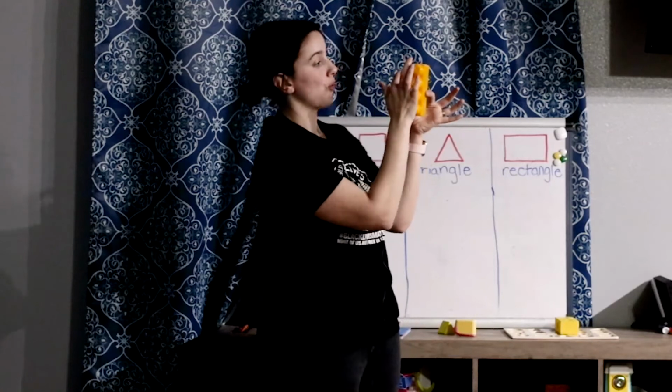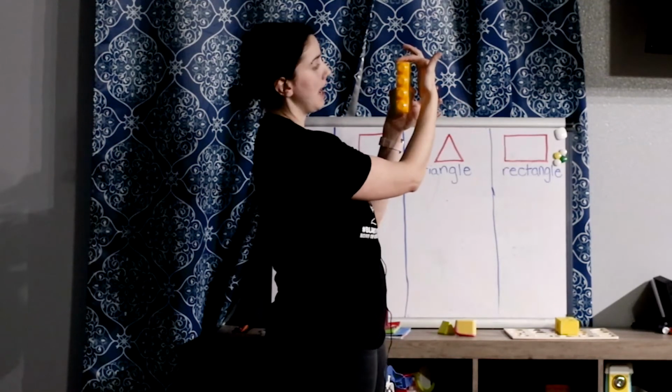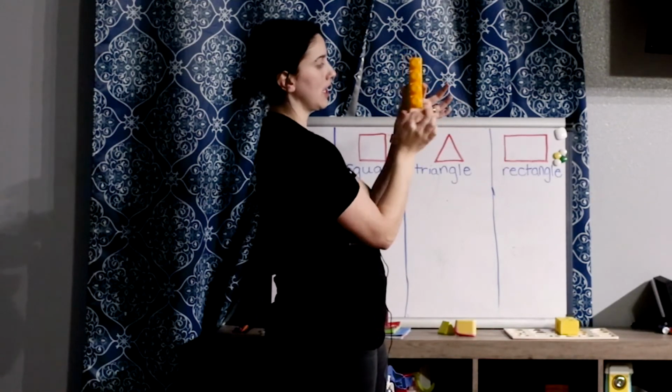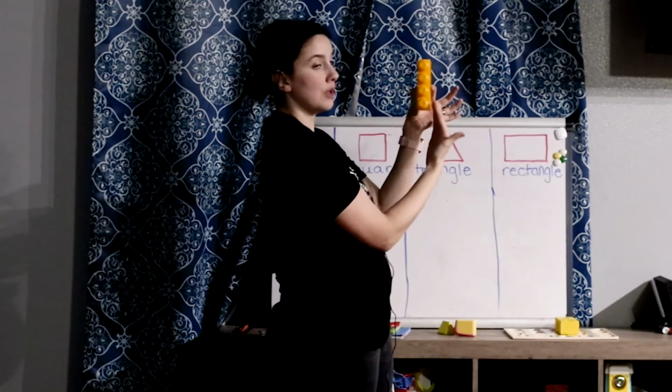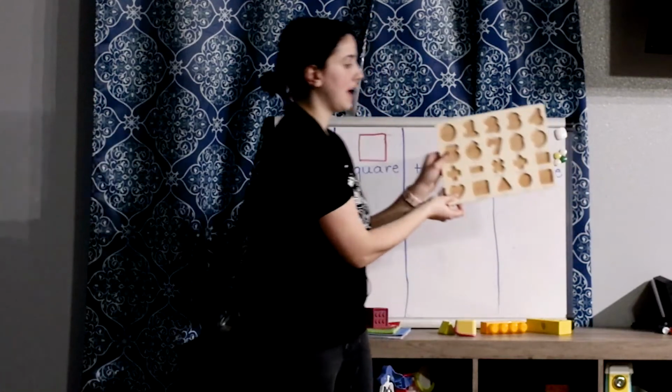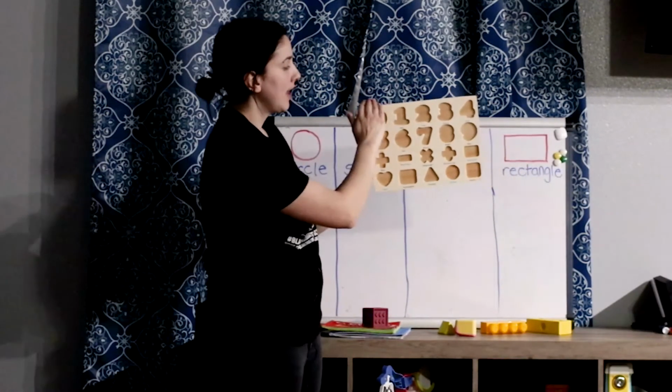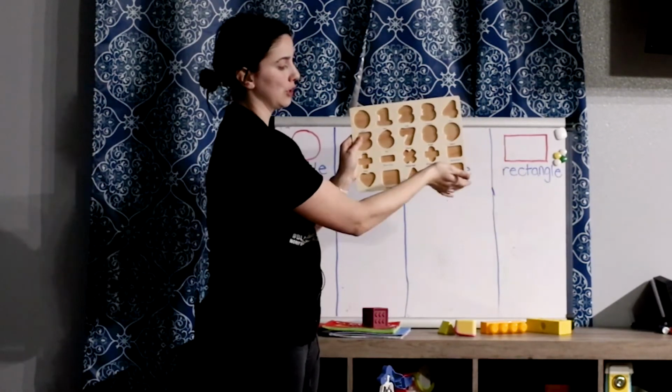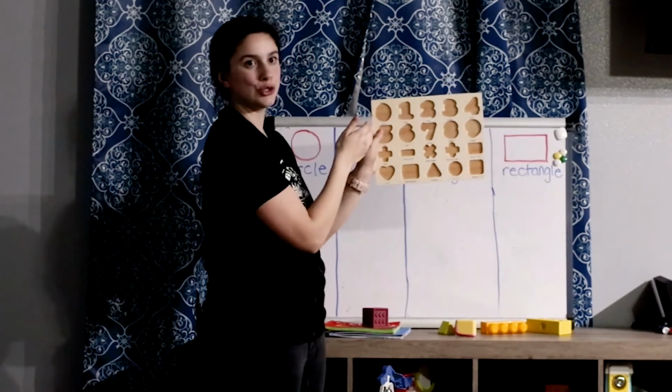I found some mega blocks that are rectangles. See how it has 2 short sides and 2 long sides. And I found an empty puzzle with 2 long sides and 2 short sides.